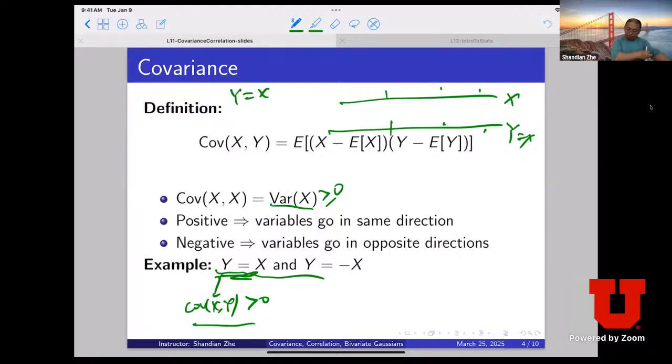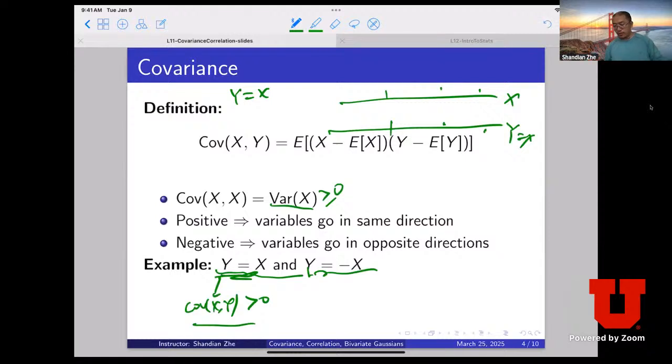Okay. So let's see another case. Suppose now I set y to negative x. Now I would like to know whether the variations of x and y go in the same direction. No. They should go in opposite directions, right?